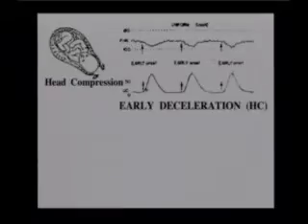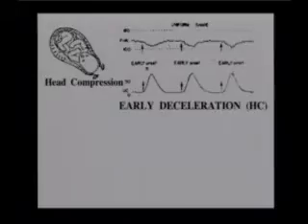And notice as the contraction starts, this is when the fetal heart rate begins to decrease. And it reaches its lowest point at the peak of the contraction. And then as the contraction wanes, the fetal heart rate goes back to normal levels.